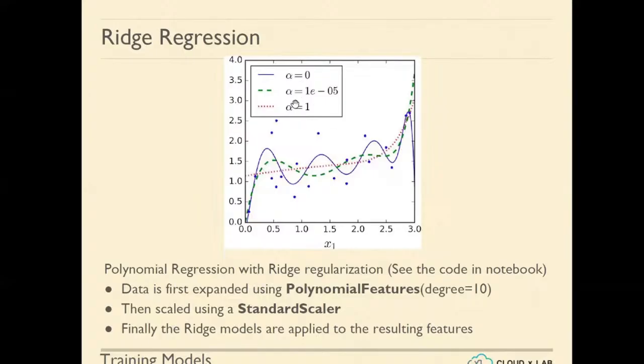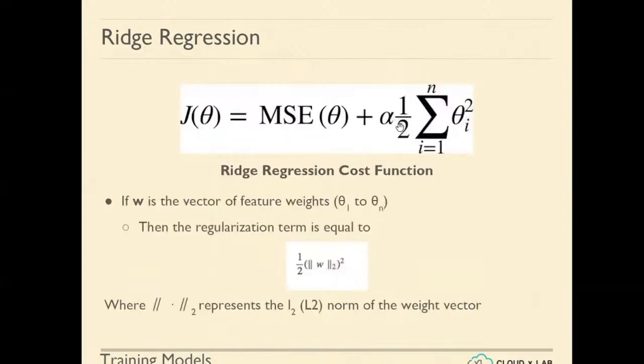Okay. Now, in case of a very high value of alpha, we are focusing more on this regularization term, right? So if you use a very high value of alpha, then it will penalize these theta values very hard. The regularization term will be high, and the optimizer will penalize these theta values hard, and these theta values will become very small.